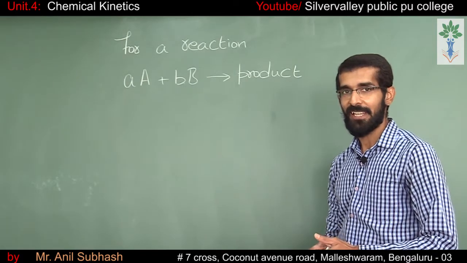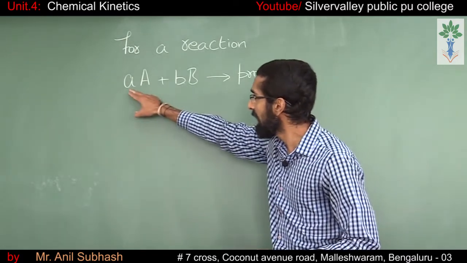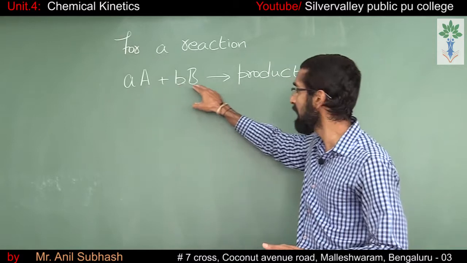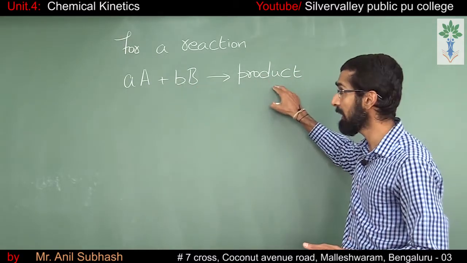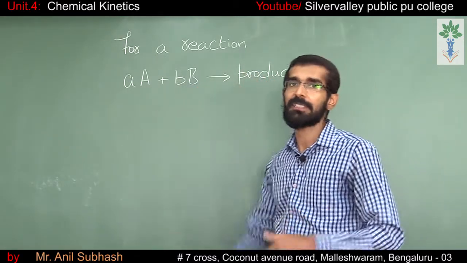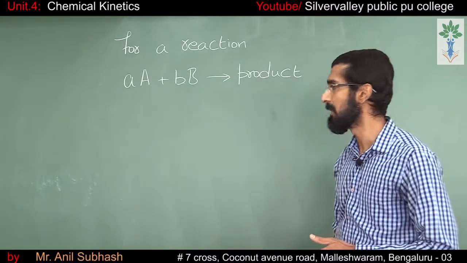If I consider a reaction of the type a molecules of A plus b molecules of B gives products, how do I write the law of mass action for this reaction?